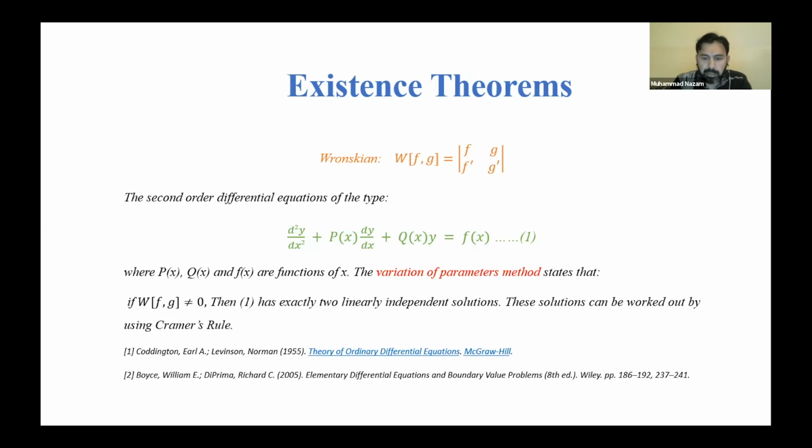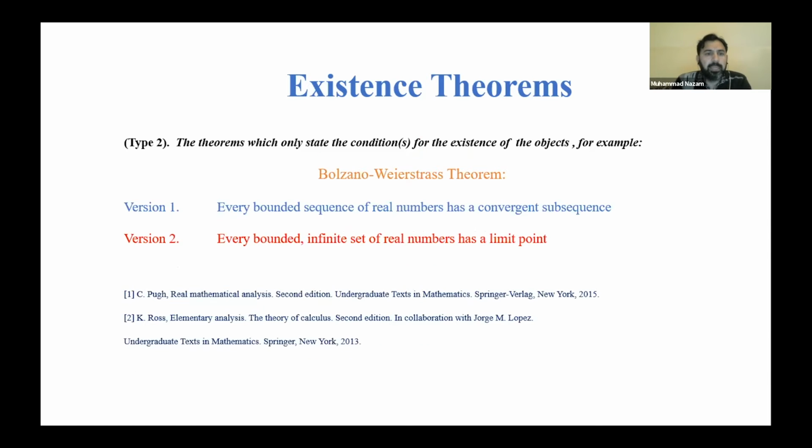Okay. The next type of existence theorem is the theorems which only state the conditions for the existence of the objects.